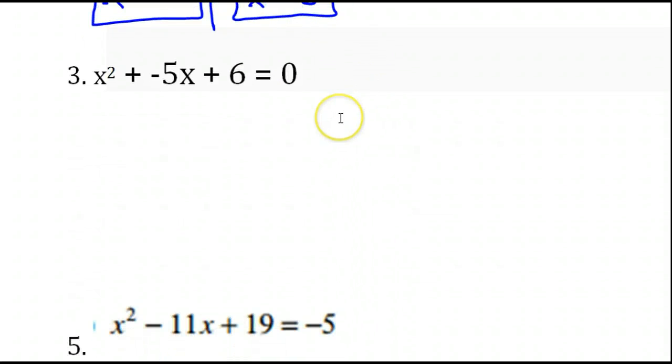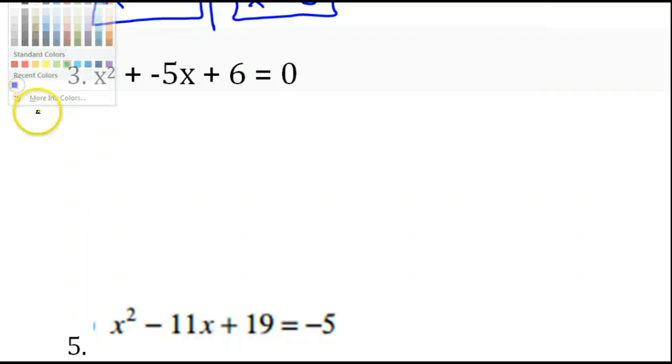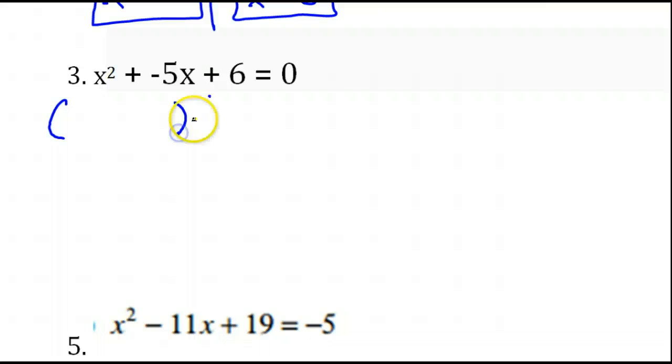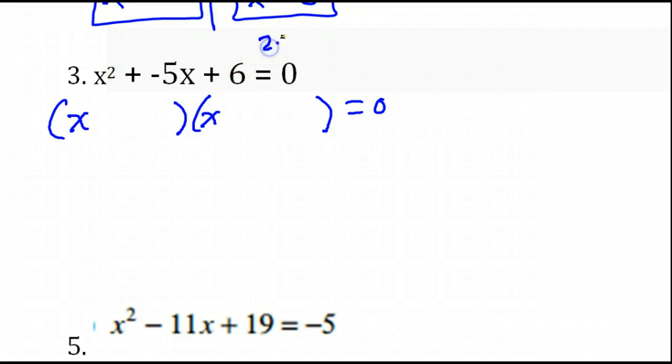So number 3. Accelerating the process a little bit now that you get the idea. x squared will be x times x. 6 is either going to be 2 times 3 or 1 times 6. Let's try the 2 times 3 first.